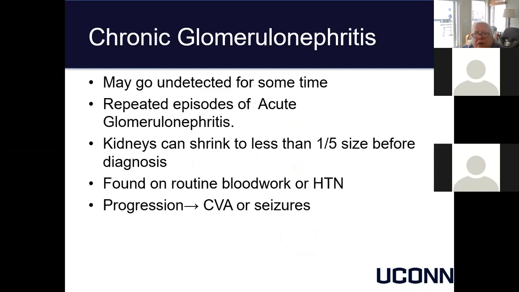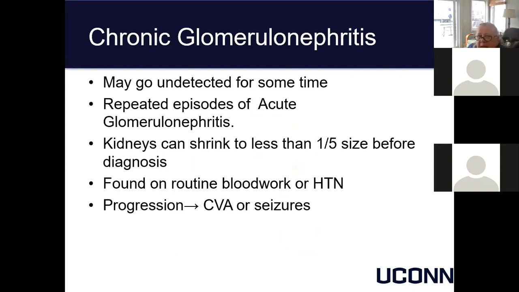Now, chronic glomerulonephritis is a little bit different. Sometimes it's considered repeated episodes of acute glomerulonephritis, or sometimes it's just a low-level issue that builds up over time, so it's not always noticed initially.